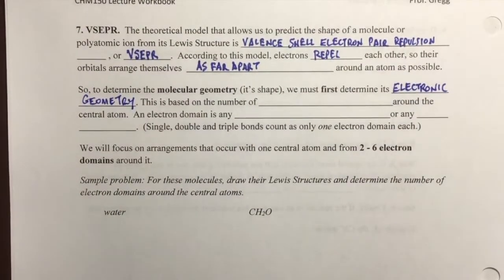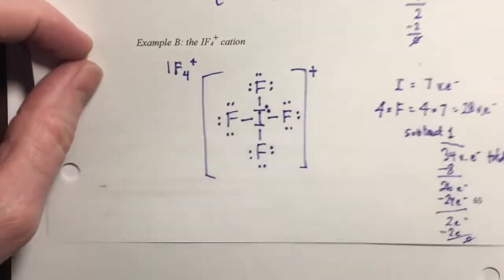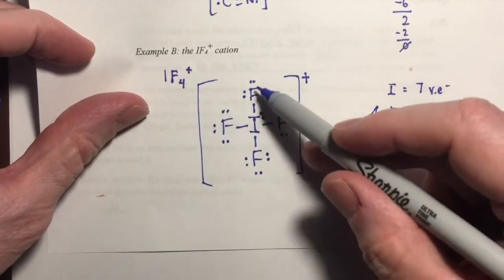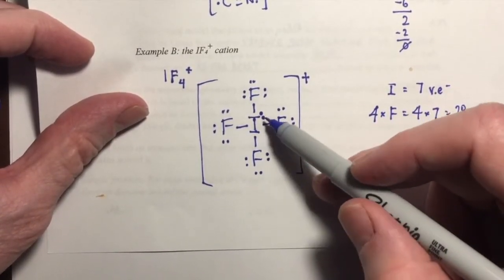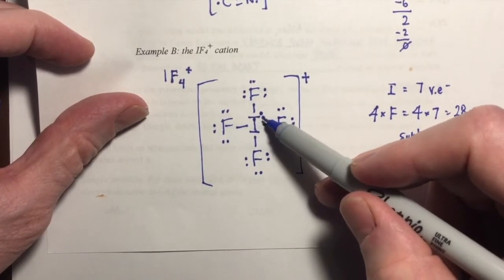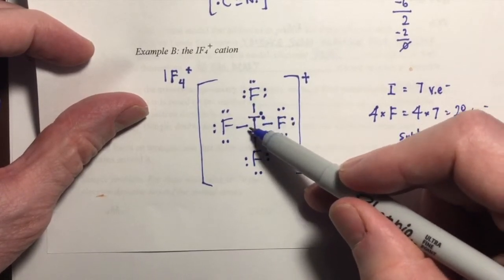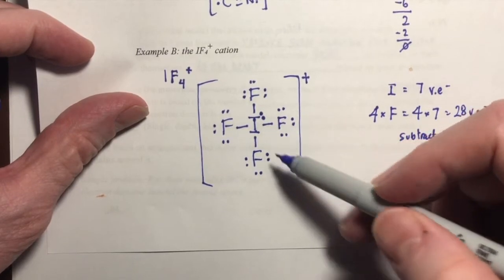And another way of saying that is, in order to determine the 3-dimensionality of which direction these atoms are all pointing in, we first have to determine the electronic geometry of which direction all of these electron pairs are going to be pointed in.